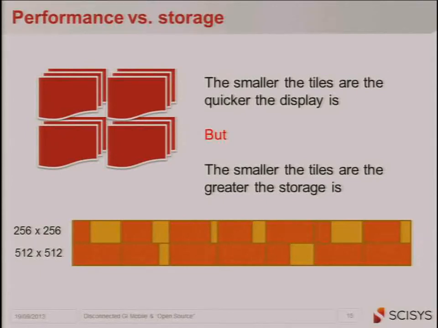We found out that particularly when trying to cache the likes of MasterMap data, especially in rural areas where there's very little information, the best was 512 pixels by 512 to have the optimal performance, but also the best storage.